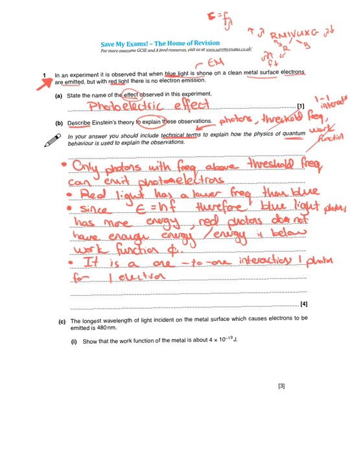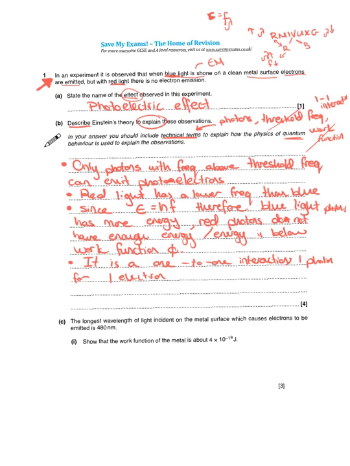Another point could go to stating that a wave model will not explain instantaneous emission. And in the guidance, it clearly says that to score full marks, the answer must include two terms out of photon, work function, and threshold frequency or wavelength. That's a very important part to keep in mind. You will not get full marks if key terms are not used.